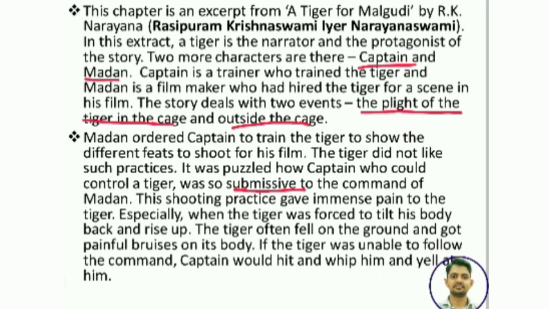This was a great surprise for the tiger. The tiger was thinking how it was possible that the captain who could command a tiger, who could control a tiger, would be commanded by someone else.